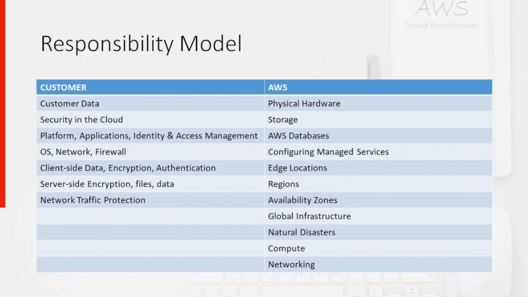AWS responsibility includes physical hardware, storage, AWS databases, configuring managed services, edge locations, regions, availability zones, global infrastructure, natural disasters, compute, networking.